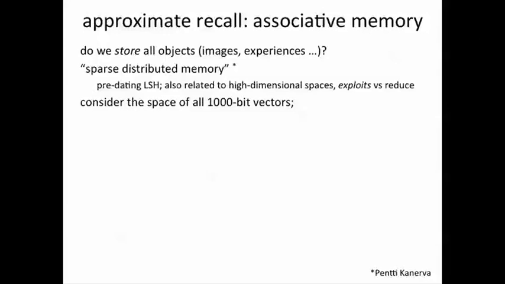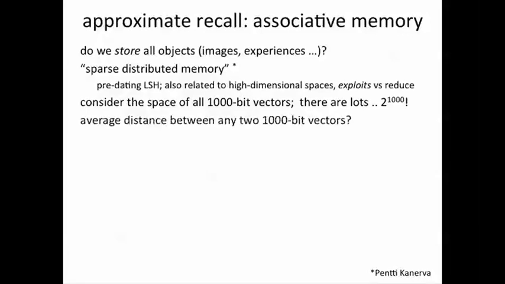An example of a high-dimensional space that we've already seen is the space of 1,000-bit vectors, such as all possible grid cells of 25 by 40 with ones and zeros that we use for fingerprints. There are lots of these, 2 to the 1,000, many, many hundreds of zeros behind that. Now, think about any two random 1,000-bit vectors.